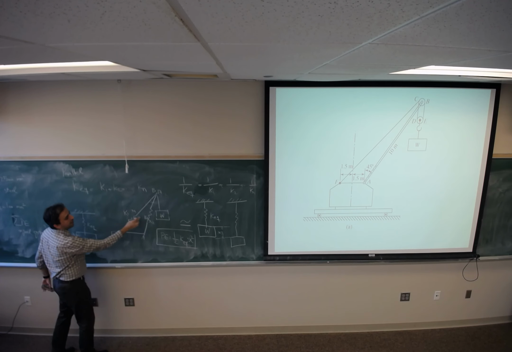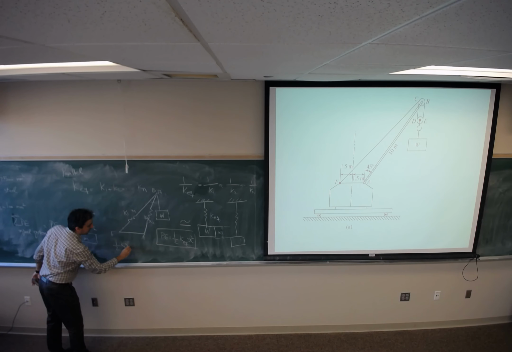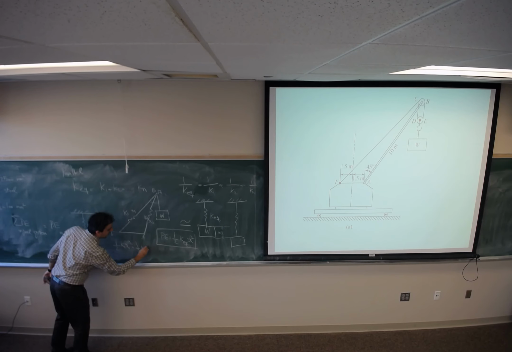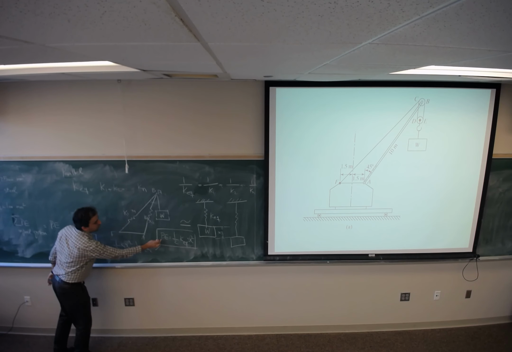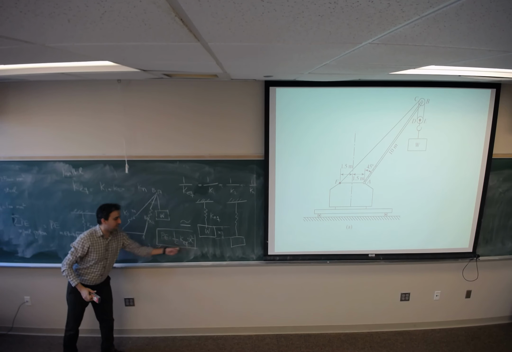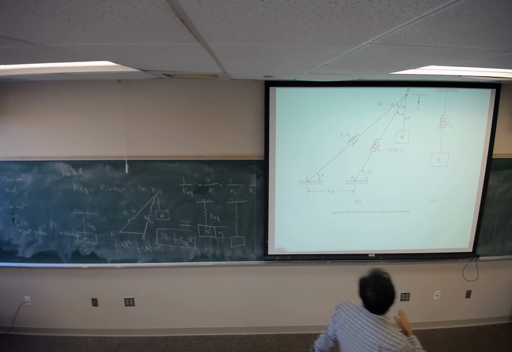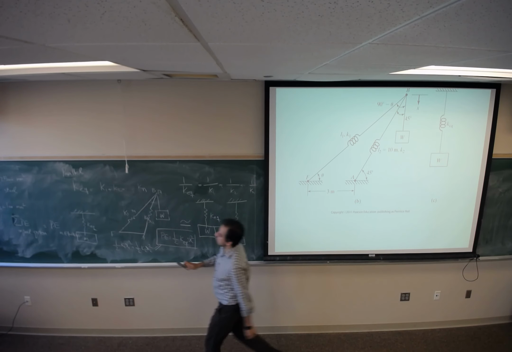If I know x1 and x2, I can say half of k1 x1 squared plus half of k2 x2 squared is going to be equal to this one. By using this equation, I am going to find K equivalent. In many examples, we are going to use the potential energy approach to find equivalent stiffness. So this is a good example to apply this approach.